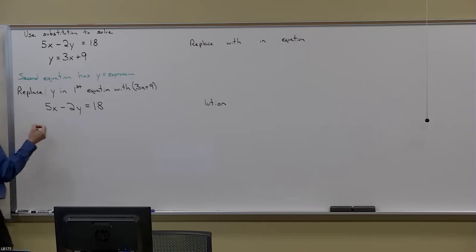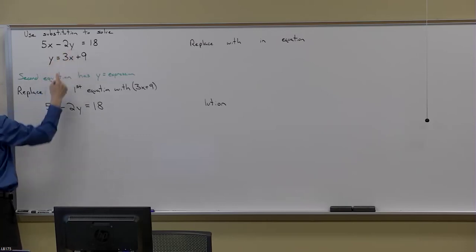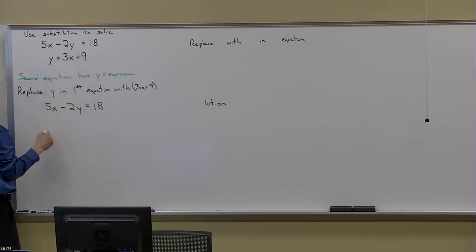All right, so in this case, we have y equals an expression in the second equation. So we're going to replace the y in the first equation with that expression, specifically the 3x plus 9.